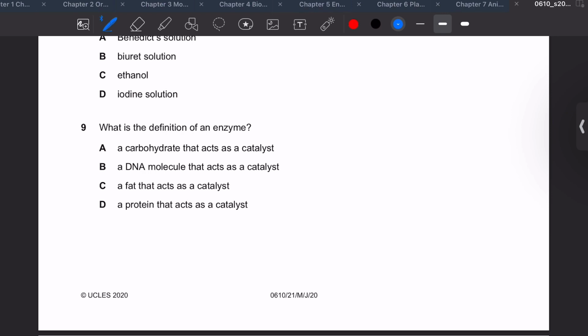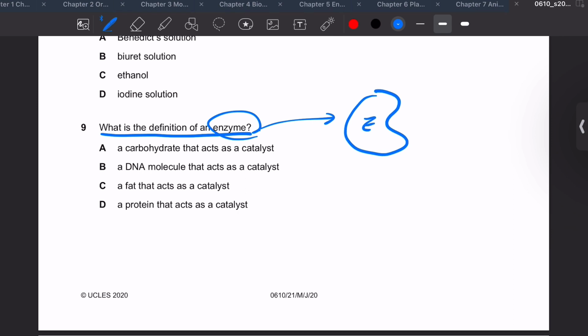Number 9. What is the definition of an enzyme? So enzyme, this is a very important concept. The definition of the enzyme is very important to know. It's basically a protein. I always draw enzyme like this.